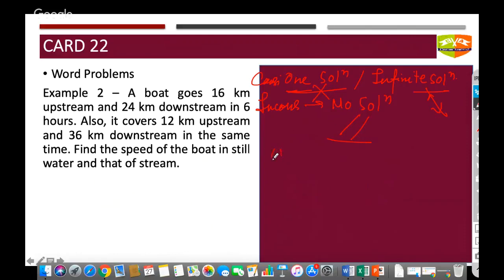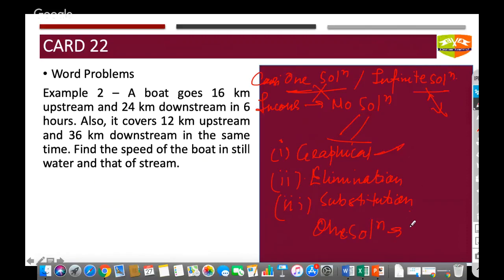Then I told you about the graphical method, elimination, substitution, and, for the one-solution case only, the cross multiplication method of solving equations.